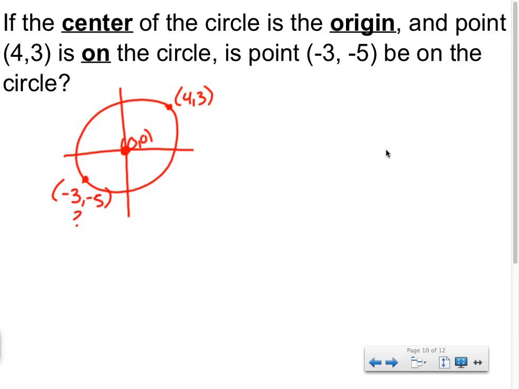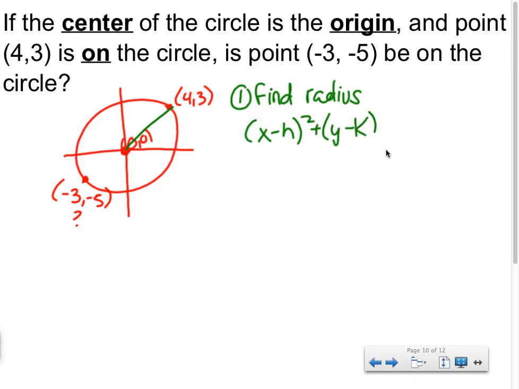For it to be on the circle, it's got to have the same radius. Okay, so I need to find the radius of this piece and then make sure it equals the radius of the other point. So first off, I'm going to find my radius. And I do that by using my equation. Okay, so let me go ahead and plug in.